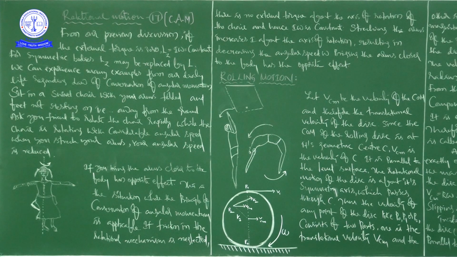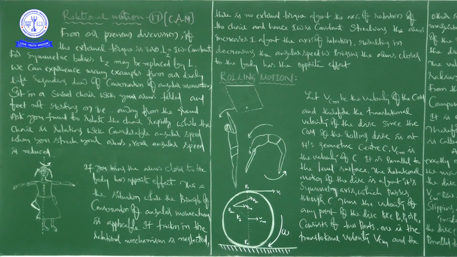So that only he is saying here, by stretching her arms, I will increase about the axis of rotation, resulting in decreasing the angular speed. Bringing the arms closer to the body has the opposite effect. What is the opposite effect? I will decrease and omega will be increased.